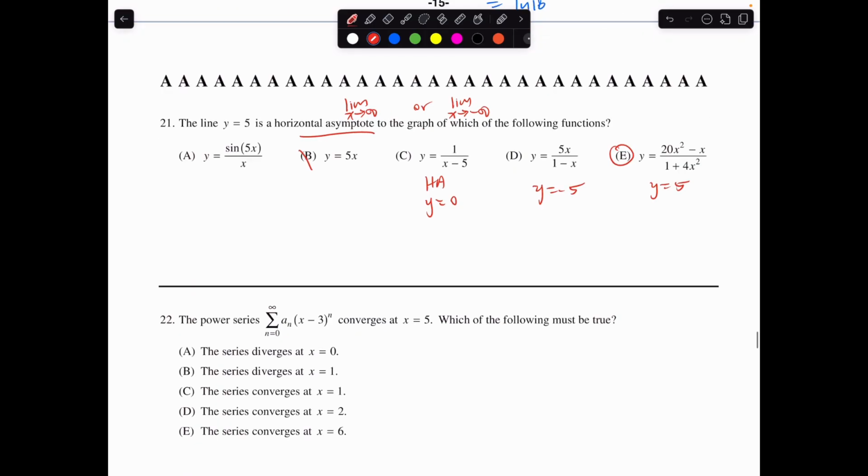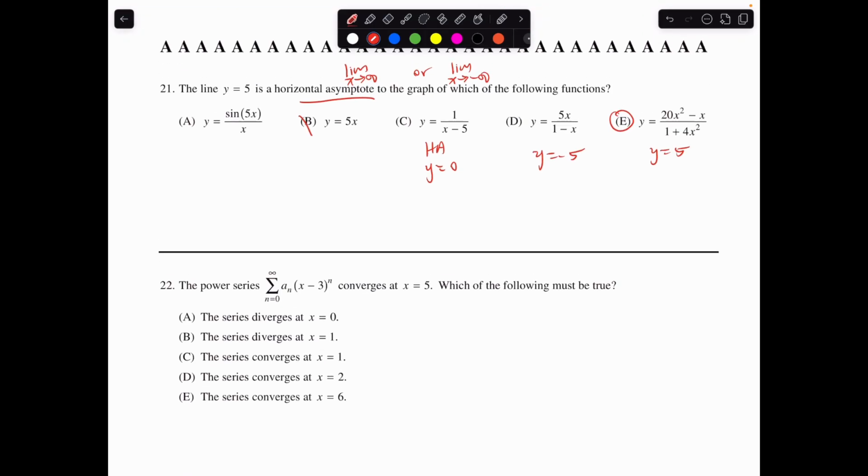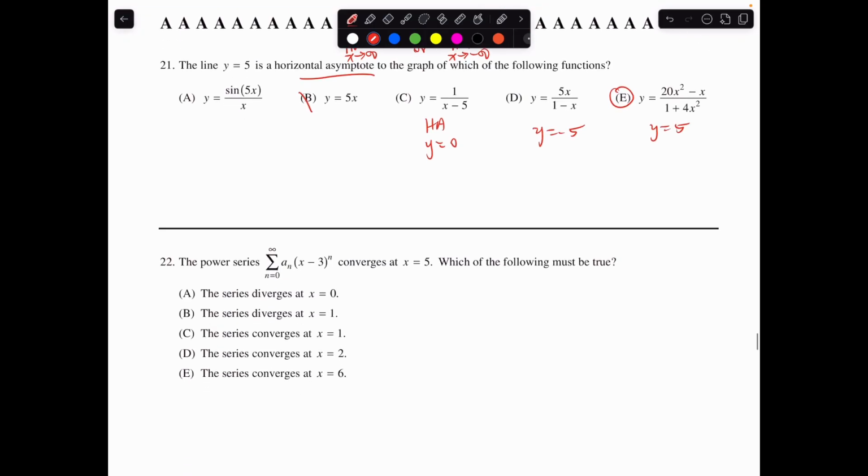Okay, number 22. The power series converges to 5. Which of the following must be true? All right, so for this one, my center is at 3, and it converges at negative 5, so my R is at minimum 2.